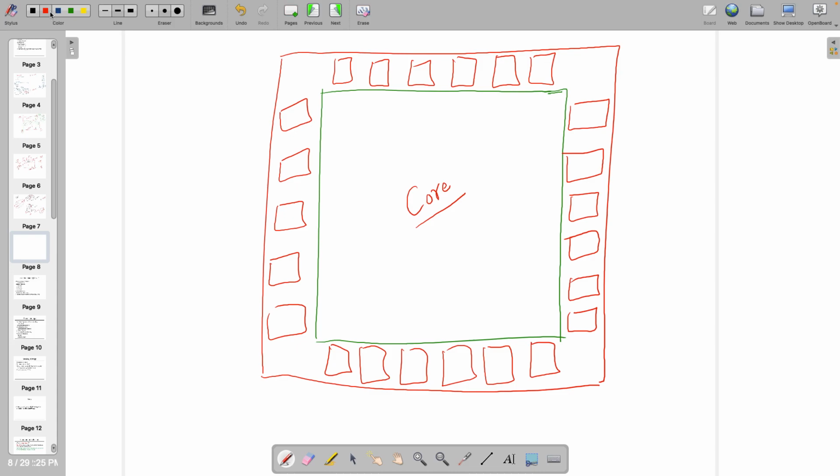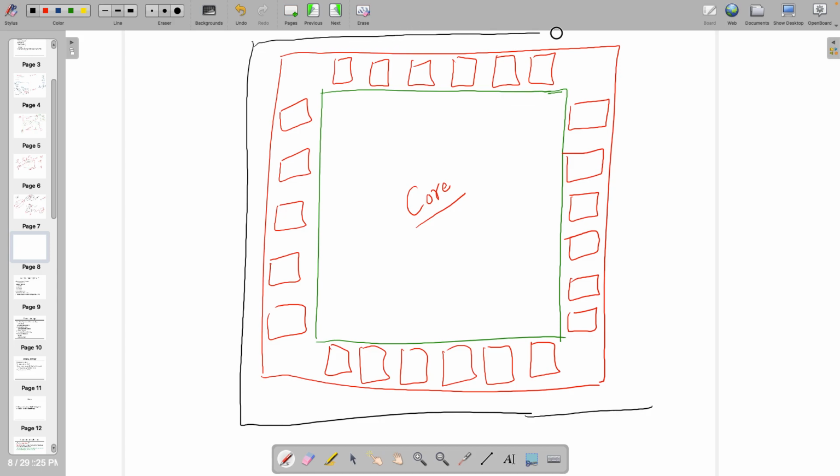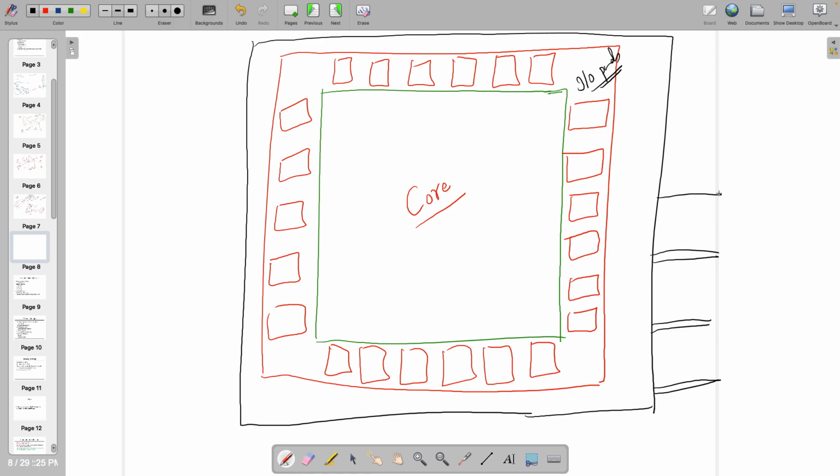And outside of this, black, so this is the core, and then this is IO or IO pads. Then on the outside, there are the actual pins of the chip, right?